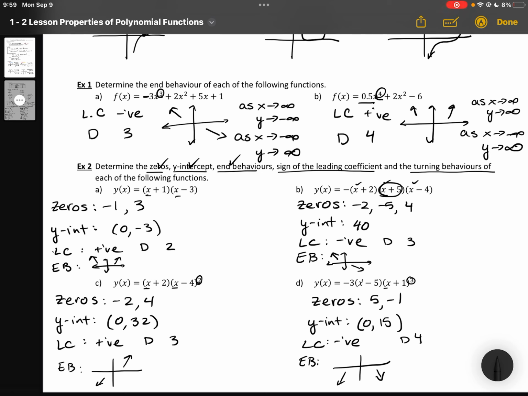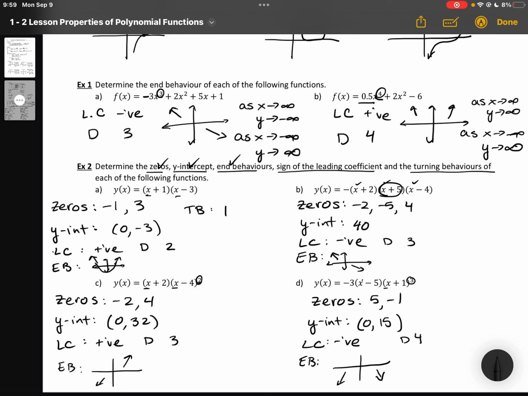So the last thing that I need to figure out is the turning behaviors. I'll use TB for that. In my first one, I know I've got a parabola. I only have one turning point here, based on the fact that both of my zeros go through the x-axis, and I have to get back up. I can fill it in on my little sketch here.